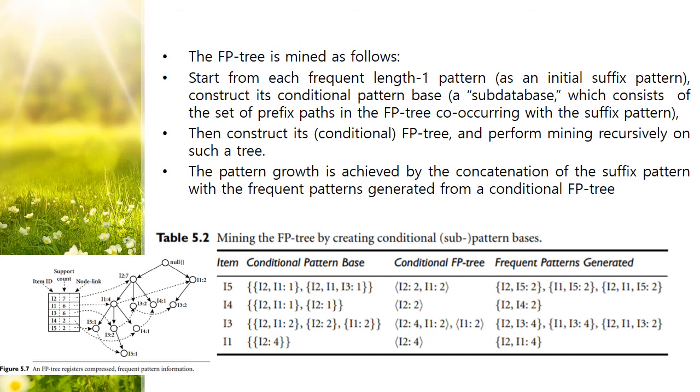It should not be repeated in the coming item combinations. Likewise, when we consider I3, we will not consider I4 and I5 again. That is how we generate frequent patterns from the FP tree by creating conditional sub-pattern bases.